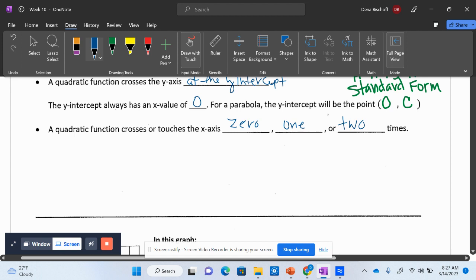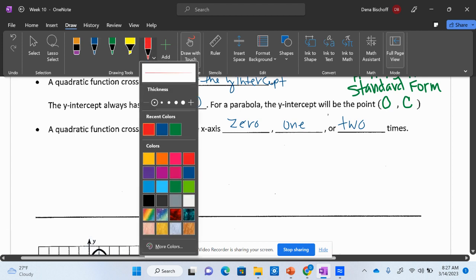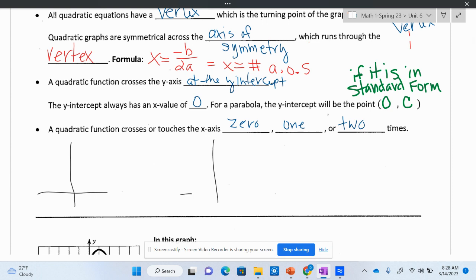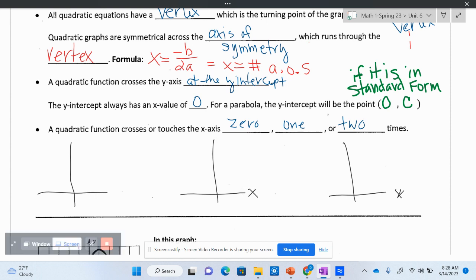So I'm just going to draw some graphing axes like this. I want you to draw 3 graphing axes, just like this. 1, 2, 3. They don't have to be perfect. I'm going to label the one that's laying horizontal X, and the one that goes up and down vertically, I'm going to call Y, because that's how our quadrants are labeled.